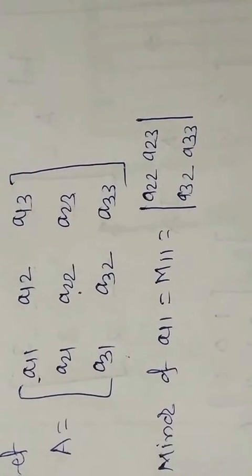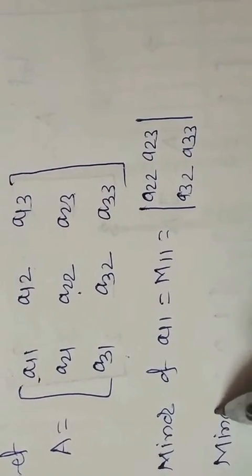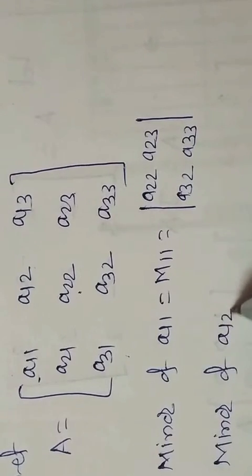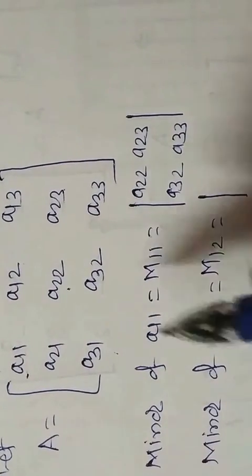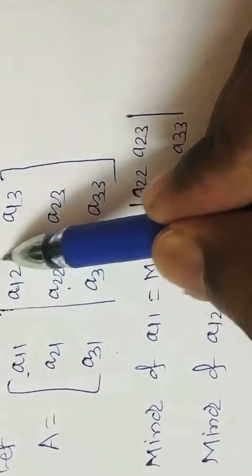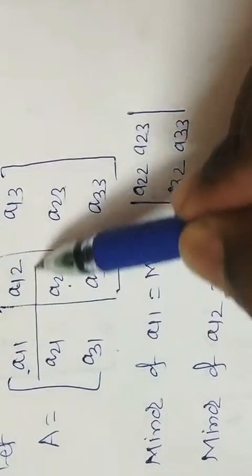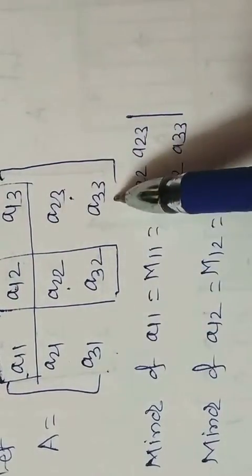Same as the minor of A12, which is M12. Again check A12, eliminating its row and column. What remains? A21, A23, A31, A33.